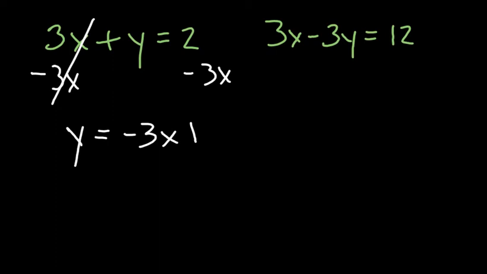Now we need y equals, not -3y equals, so divide by -3. Divide each thing by -3. Y equals 1x plus -4. So m is 1 and the y-intercept is -4.